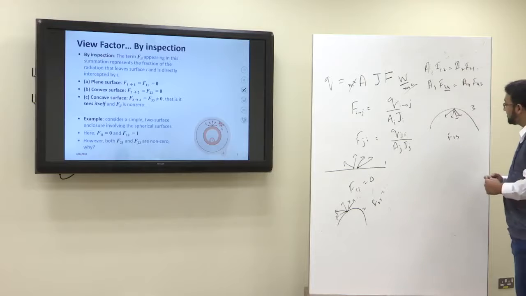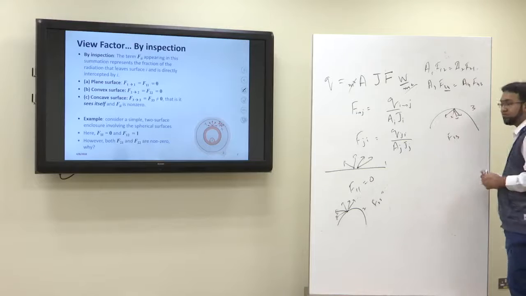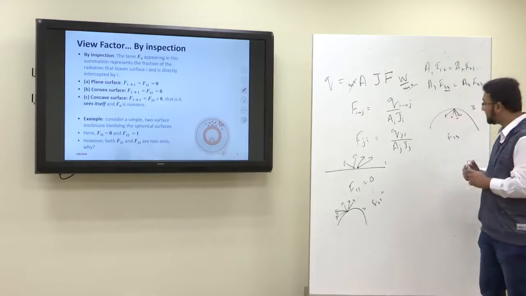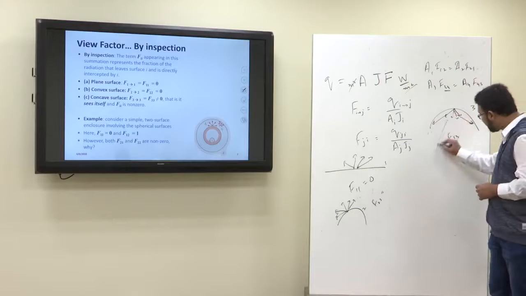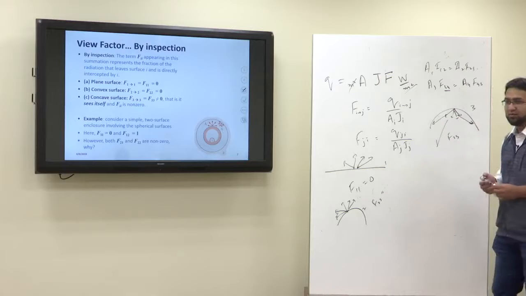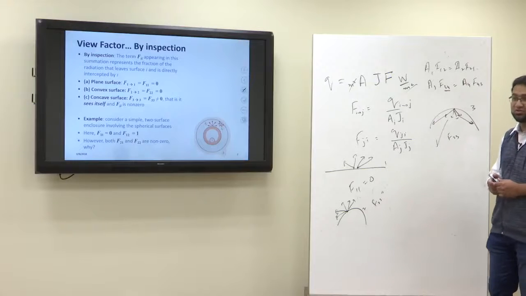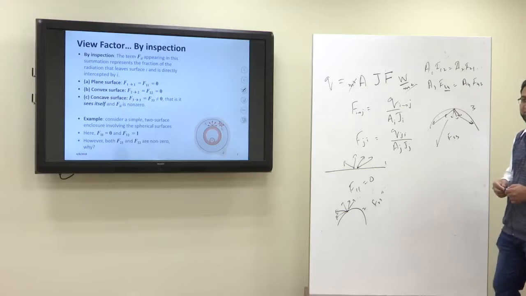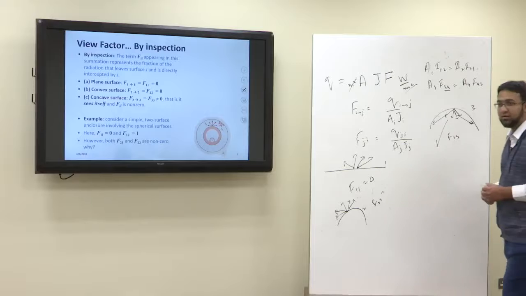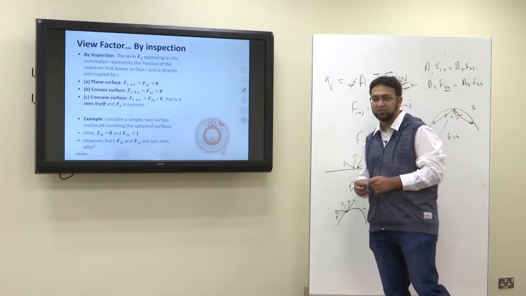Why? Because part of the energy emitted by the surface can reach the surface, but there is another part which is going outside as well. So it is not 0, it is not 1. It is in between. Is it clear? We are just telling it by inspection.